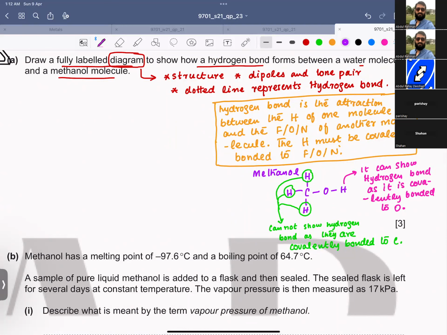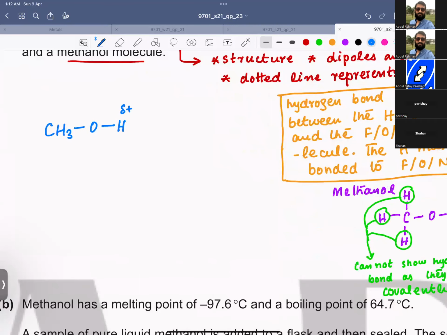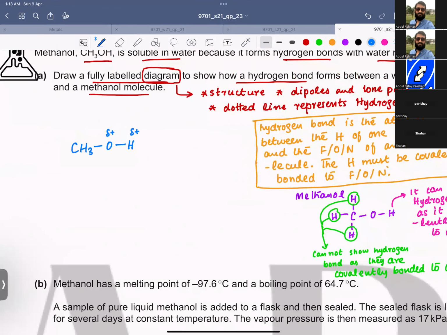So when I'm going to show the hydrogen bond, I will write CH3OH. That is the structure. Now, as this hydrogen is bonded to an oxygen, this hydrogen must have a partial positive charge and this oxygen a partial negative charge. So this is the one molecule. Then the other molecule must be water, which has oxygen bonded to 2 hydrogens.